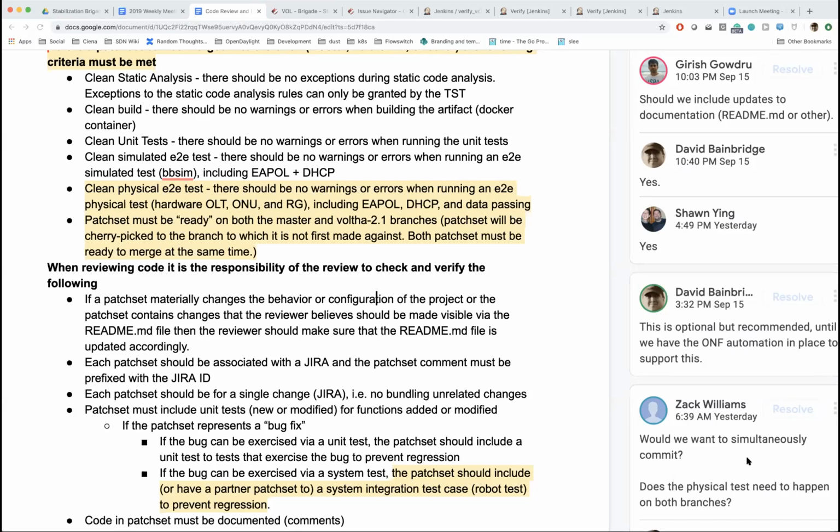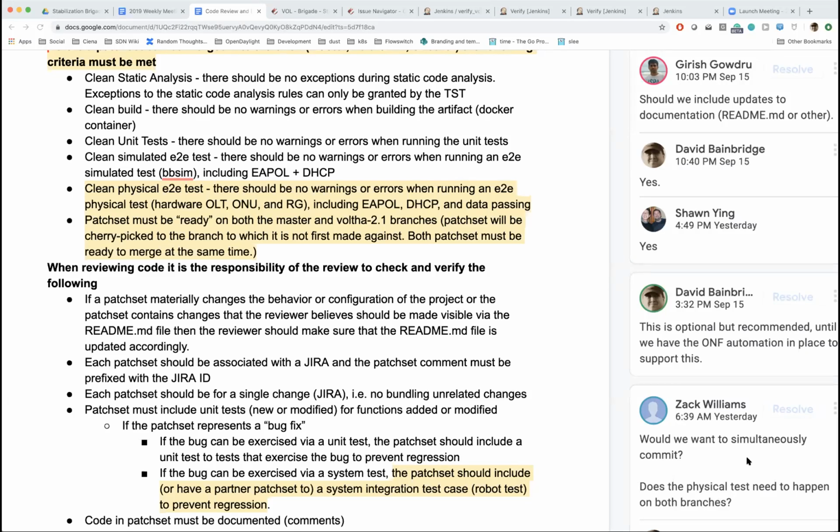Yeah, I was not talking about unit tests. Unit tests are good, and end-to-end simulated tests are good. I was talking about physical end-to-end tests, whether it is required for each and every patch set. Yes, the current plan is to require a physical integration test for every patch set, with one exception, as Zach was pointing out, around documentation.